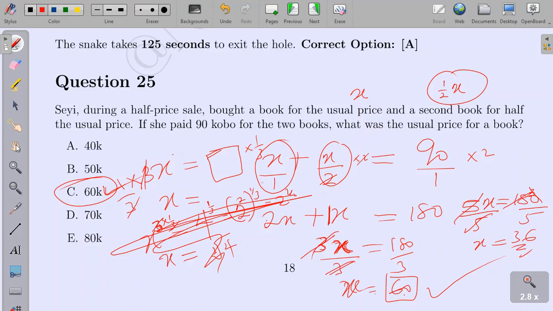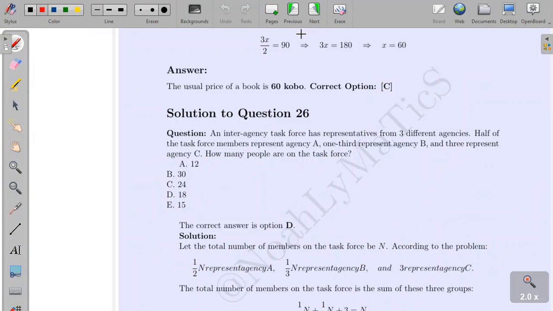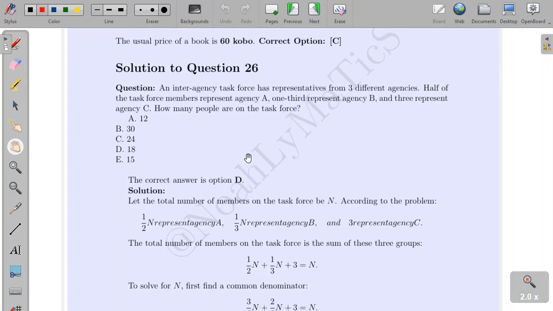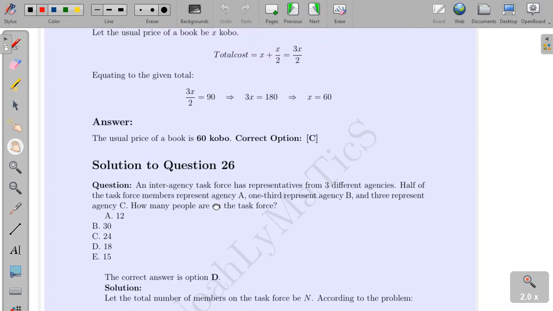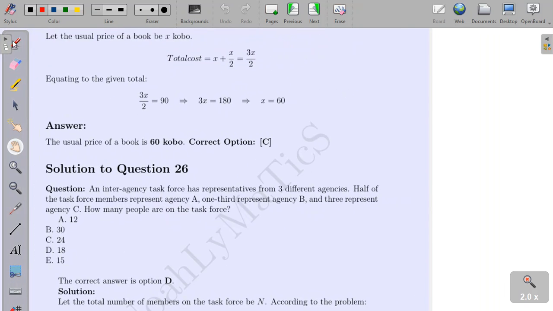So now the last question, question number 26. An interagency task force has representatives from 3 different agencies.